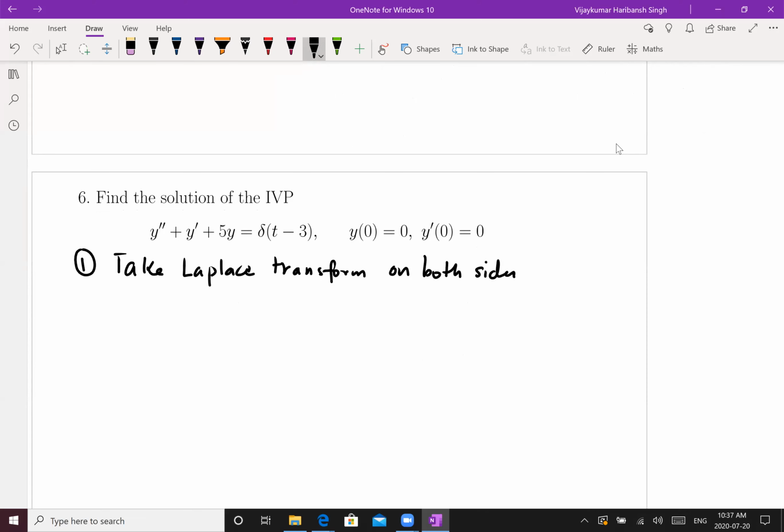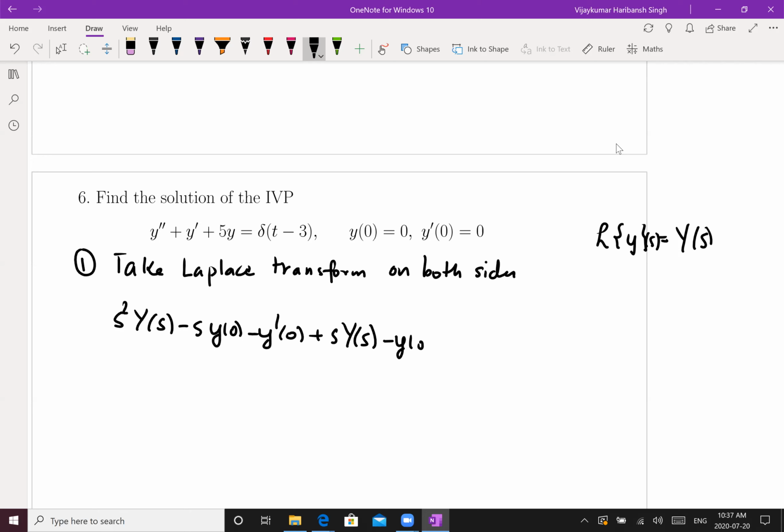So in that case, we'll take s squared Y(s) under the usual notation. So this was our notation, right? Minus s y(0) minus y'(0) plus s Y(s) minus y(0) minus phi times Y(s) equals the Laplace transform of delta(t minus 3).